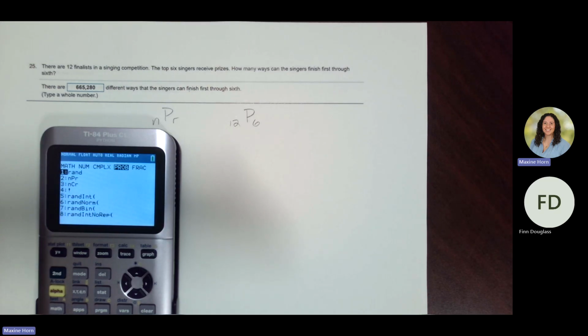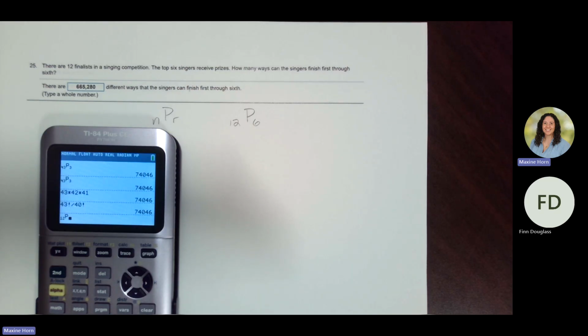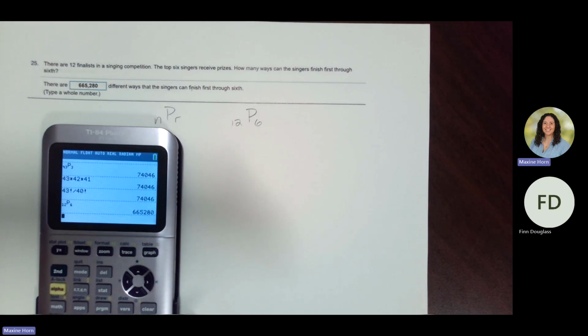So just be aware that you can arrow your menus that way as well. And then I want NPR because this is a permutation because order matters, and we're choosing 6. And that's how we get that there's 665,280 different ways that the singers can finish 1st through 6th. Okay.